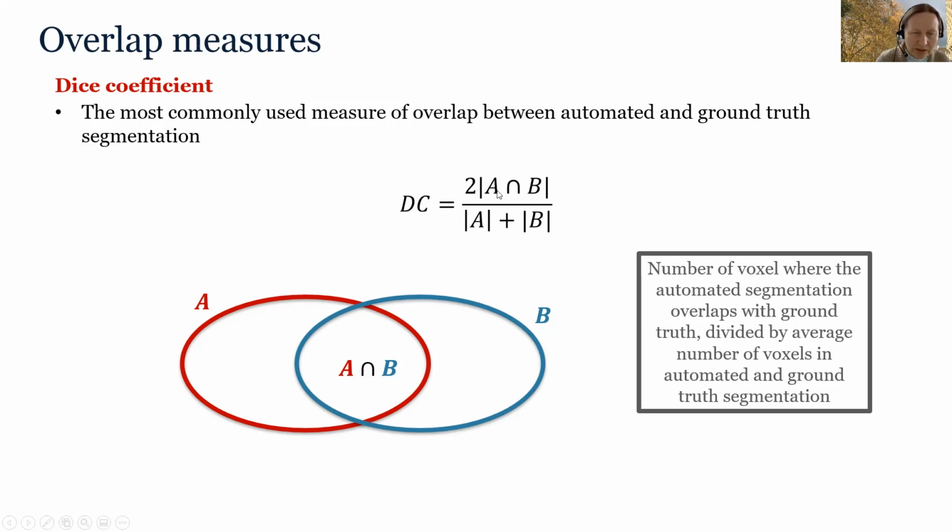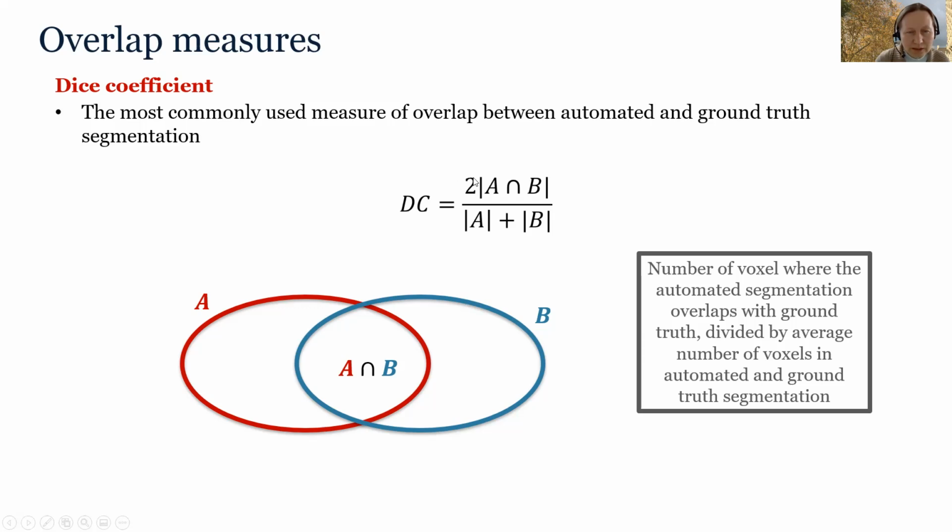This is our intersection or overlap, and we need to get the area or volume of the overlap, and we do that by counting the number of voxels in the overlap. So it will be the number of voxels in the intersection times 2, divided by the number of voxels in the automated segmentation plus the number of voxels in the ground truth.